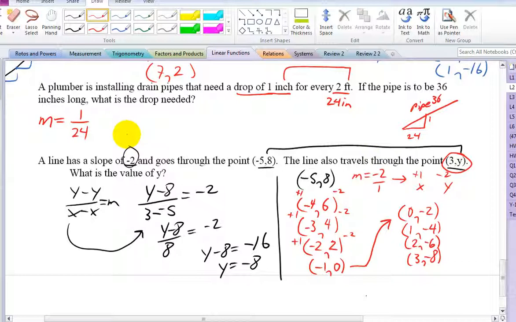So what we're saying here is 1 over 24 equals x over 36.